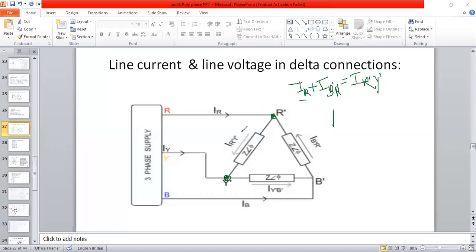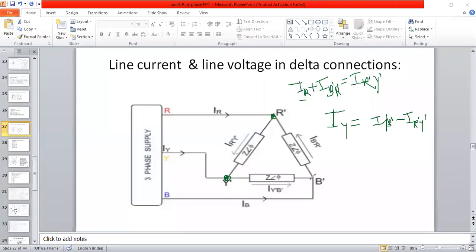I R'Y' is incoming, and I Y'B' is outgoing. So IY equal to I Y'B' minus, this I will send into the RHS side, I R'Y'.